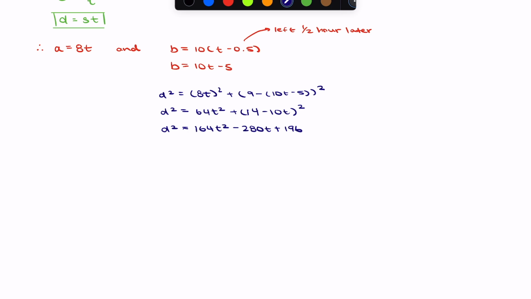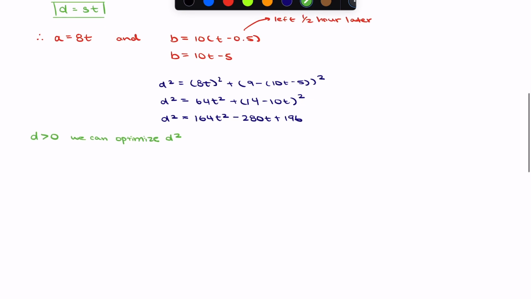What we can see is that since d has to be greater than 0, we can optimize d squared. And then we'll use implicit differentiation here, so we'll make it easier.